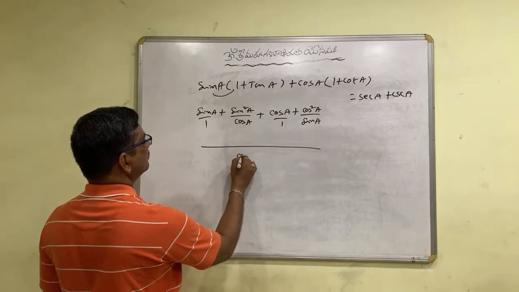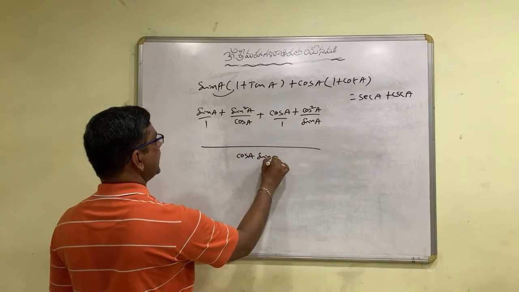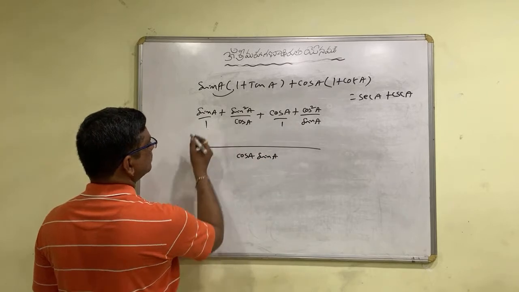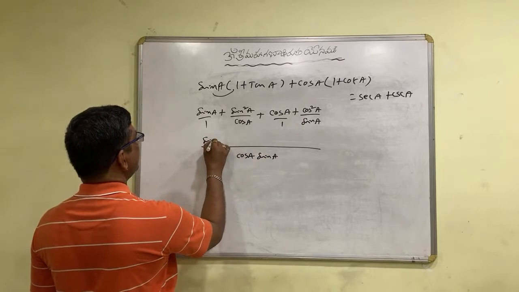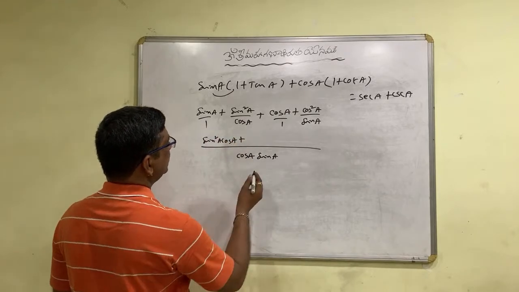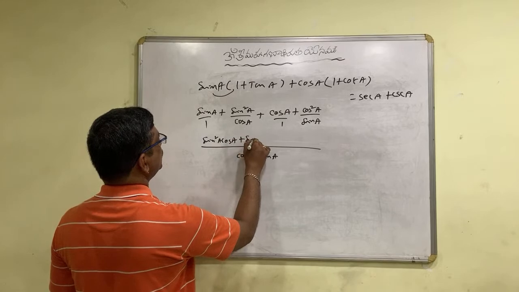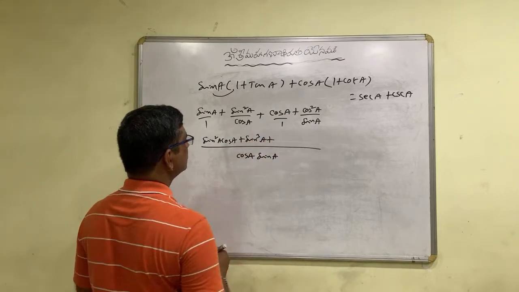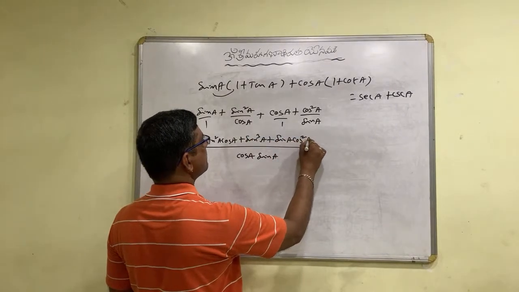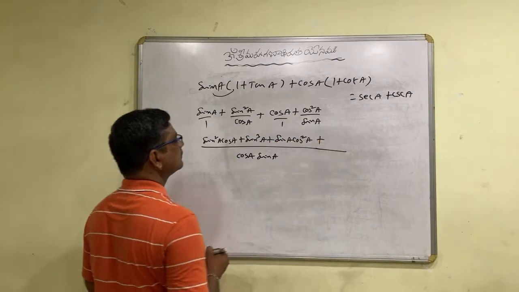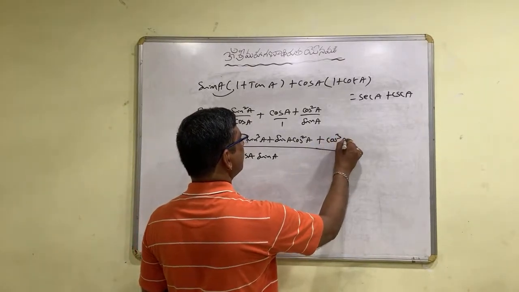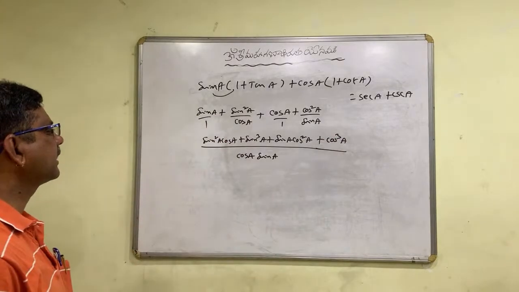What is LCM? Cos A sin A. So here what we will get? Sin square A cos A plus sin cube A plus sin A cos square A plus cos cube A.